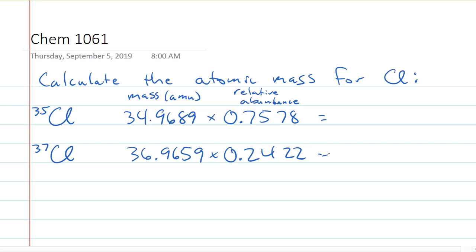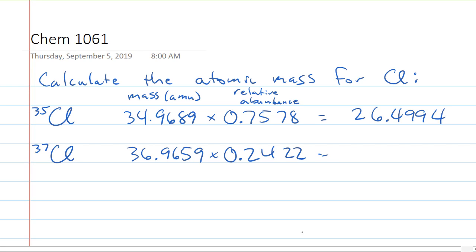And so we'll take 34.9689 and multiply that by 0.7578. We wind up with 26.4994. I'm not going to worry about rounding just yet.